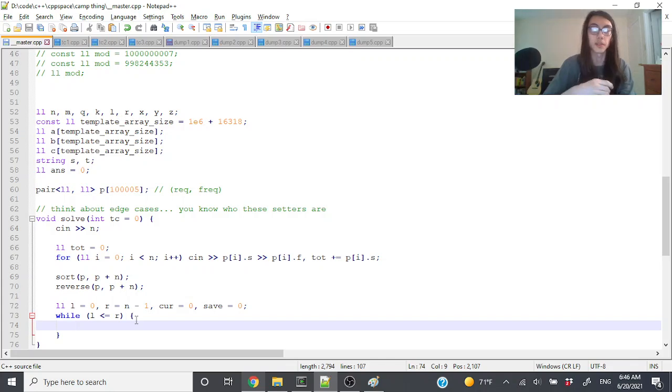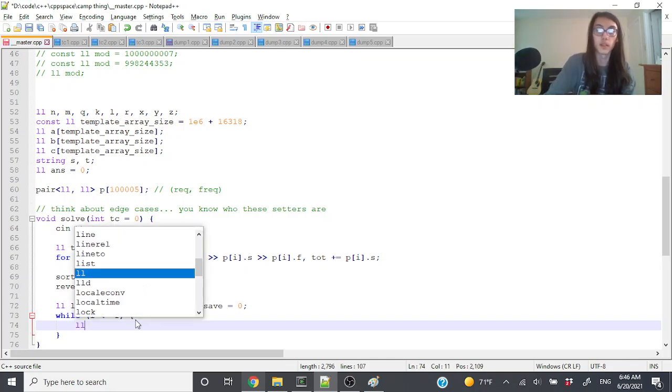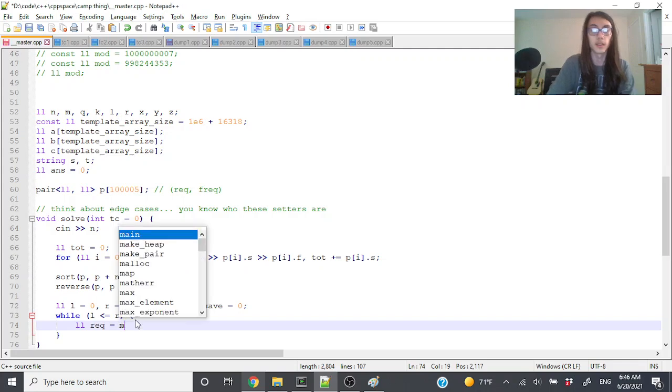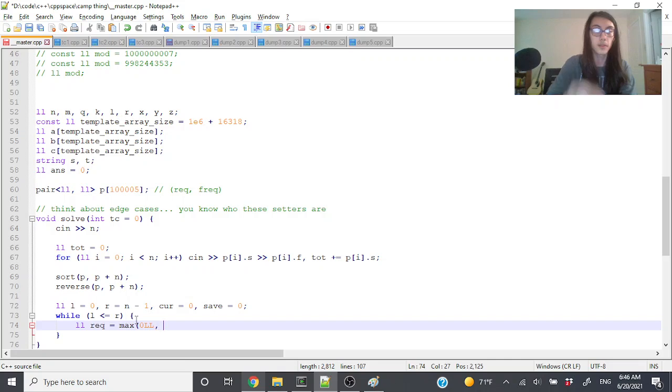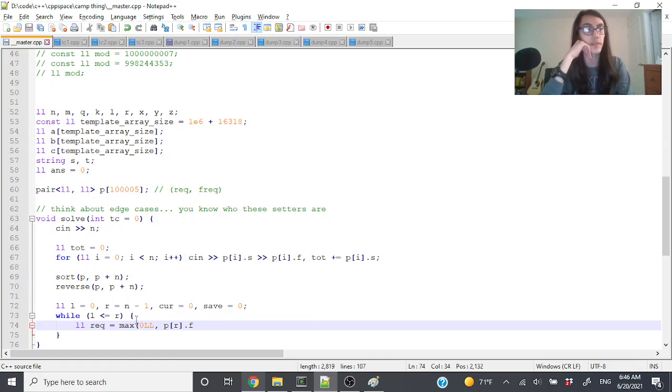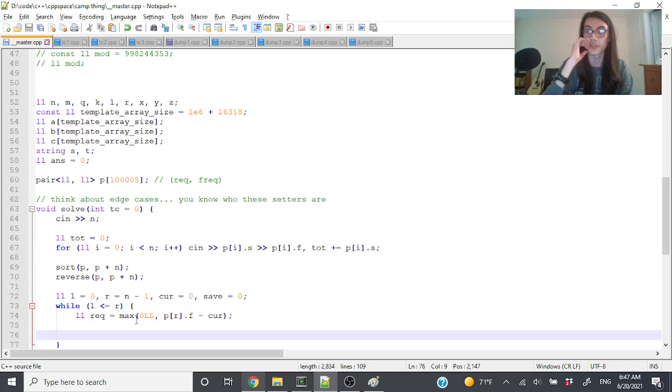So while L is less than or equal to R, the requirement is the maximum of 0 and PR.first, the requirement for that item minus the amount we currently have, which could potentially be 0.